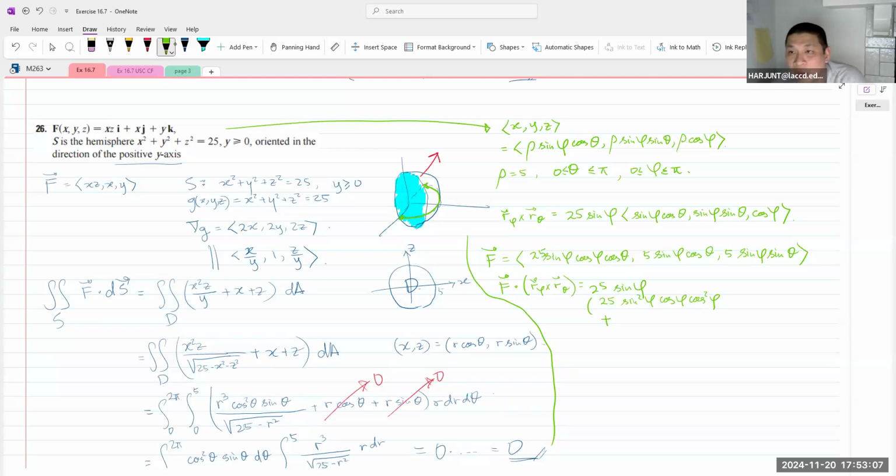Plus the second component, that's 5 sine squared phi cosine theta sine theta, plus the dot product of the third component, we will have 5 sine phi cosine phi sine theta.